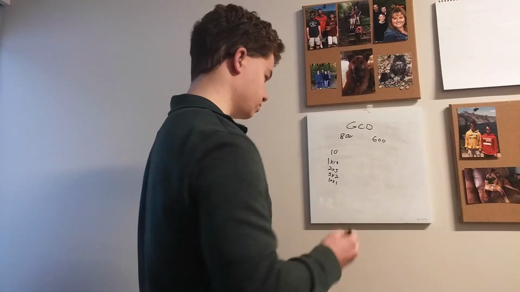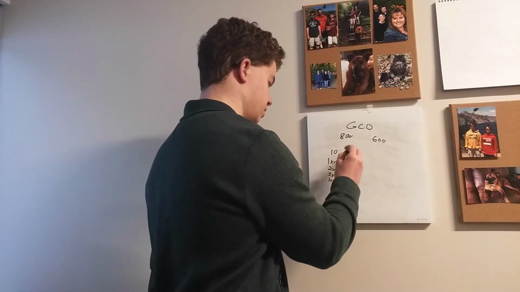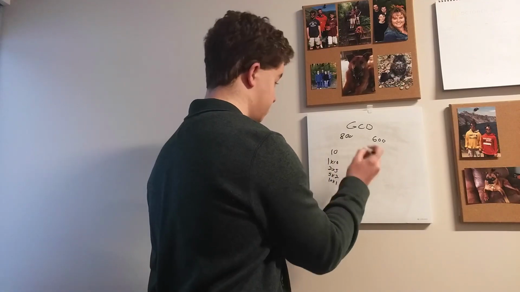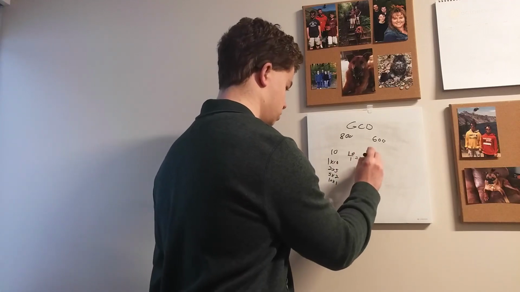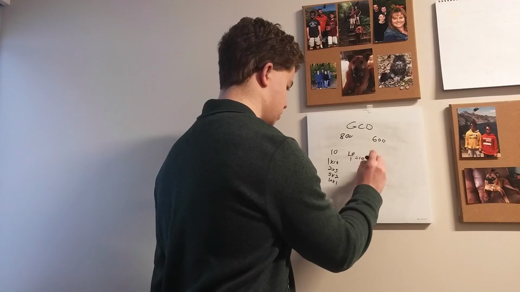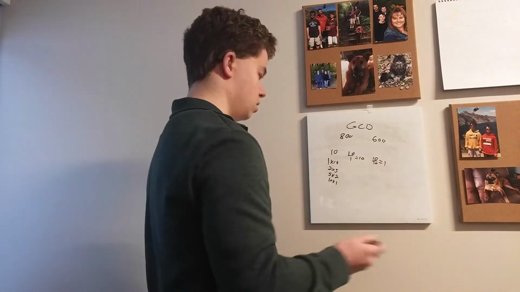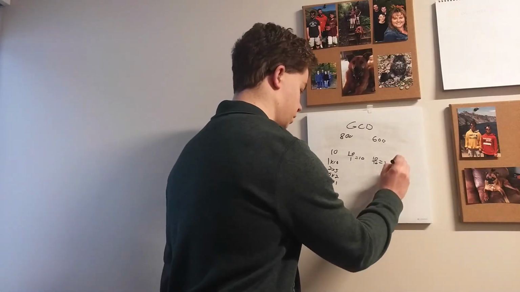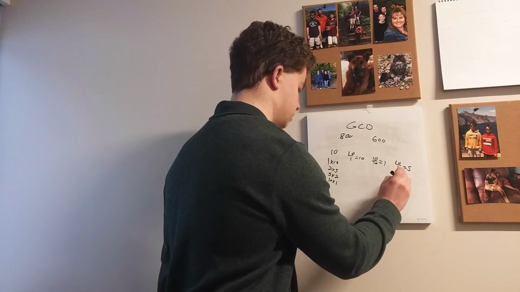So 10, for example, is not prime, because you can divide it by 1 or itself, which is 10, that's true, right? But you can also divide it by 2. You can also divide it by 5.